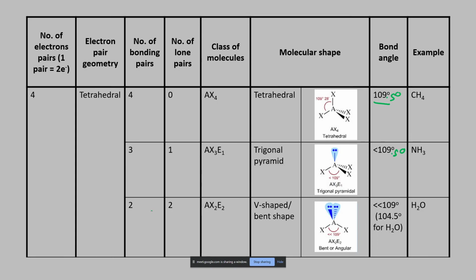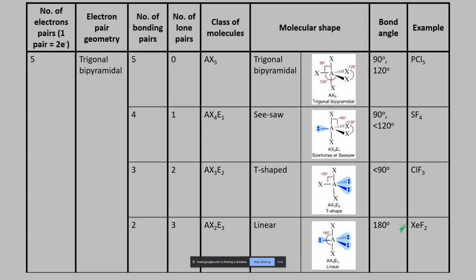The exact number for water is 104.5, the angle between these. And it actually has 2 lone pairs, one here and one here. Okay, next time I will make a video on how to draw it. This one is a very rough drawing, it looks like a mouse with rabbit ears.